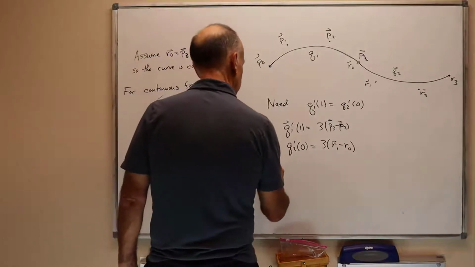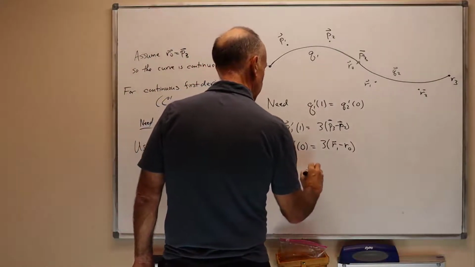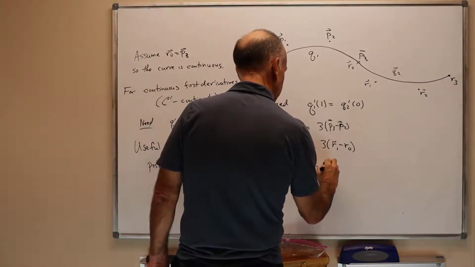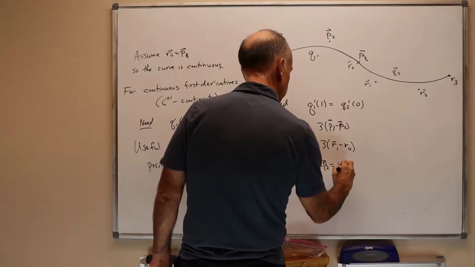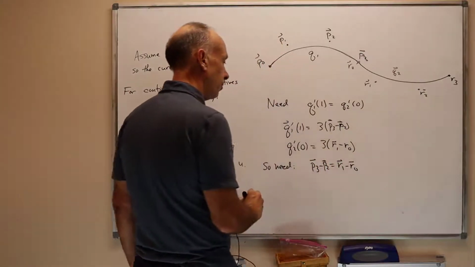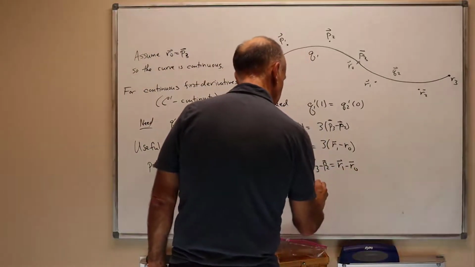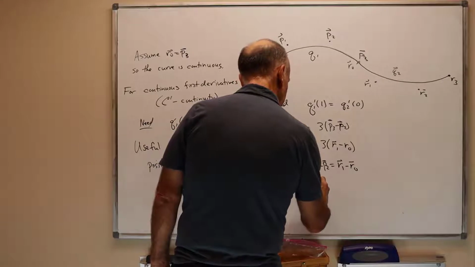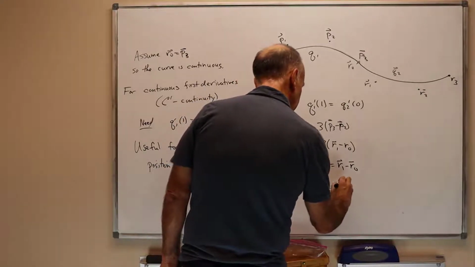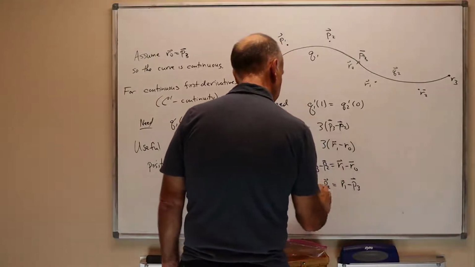In other words, to get the equality, we need to have P3 minus P2 equals R1 minus R0. And of course, recall that R0 is equal to P3. So in other words, P3 minus P2 equals R1 minus P3.